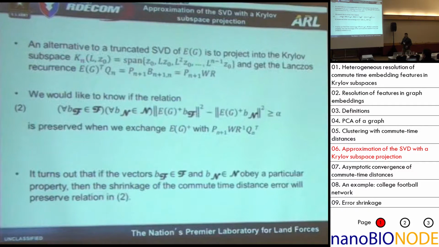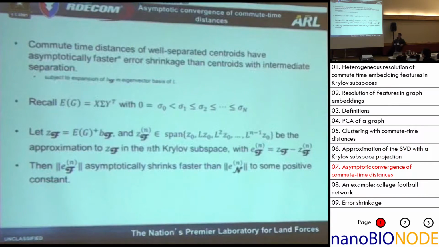So that's really the strategy, and it turns out that in graph mining problems, there are particular properties of these right-hand sides which give me that, right? So I'm going to be able to show the commute time distances of these well-separated centroids in my set F are going to shrink faster than right-hand sides in my set N.